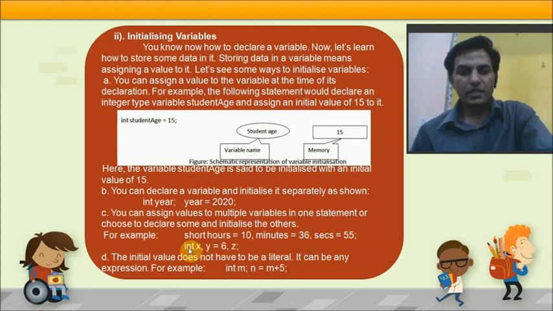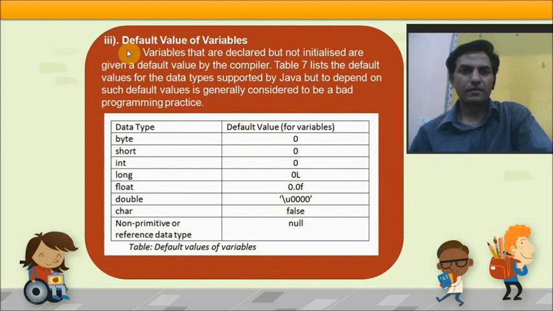In the same way you can see int x, comma, y is equal to 6, comma, z. This is initialization also. So you can use any type of declaration with commas. Fourth, initial values do not have to be literals. It can be an expression, that is int m semicolon n is equal to m plus 5.